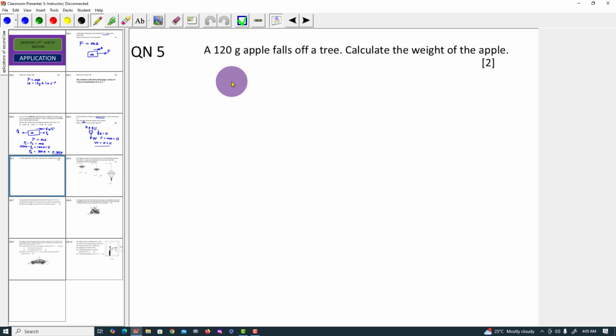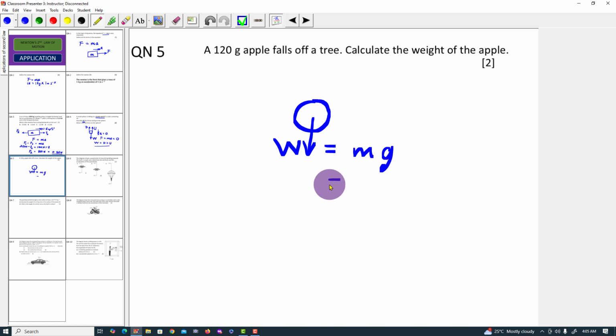In question 5, we're given that we have a 110-gram apple. This apple falls off a tree. Calculate the weight of the apple. This one is very simple because we are going to say that the weight is going to be equal to mass times the gravitational field strength, and the mass is 0.12 kilograms.